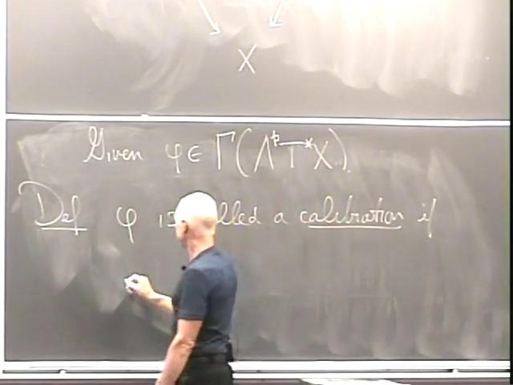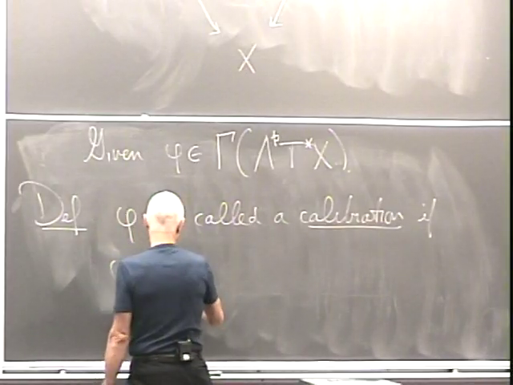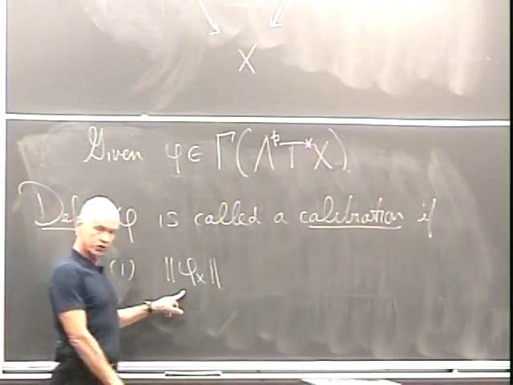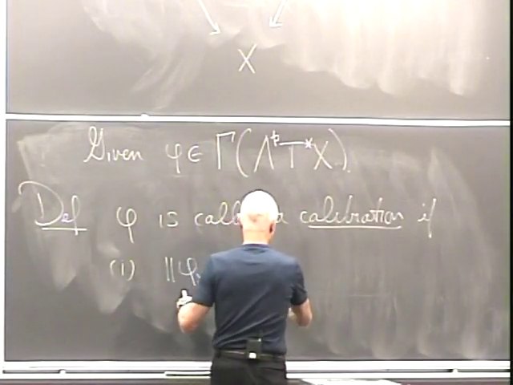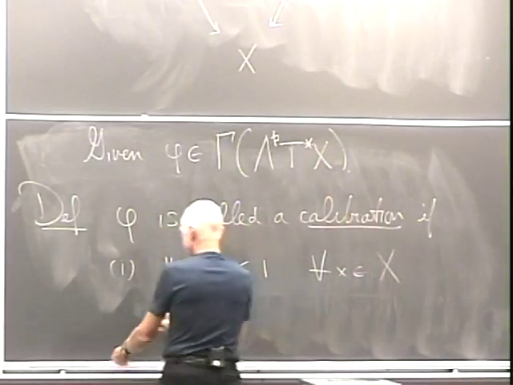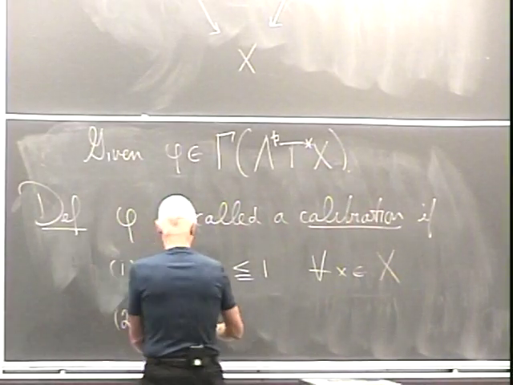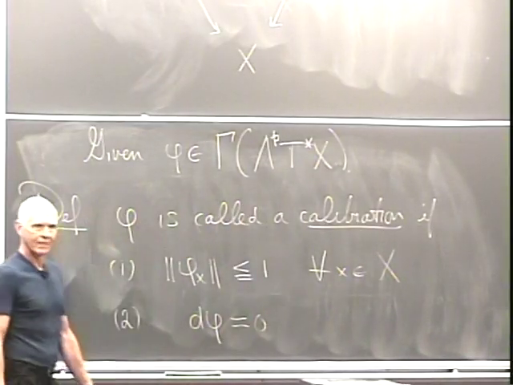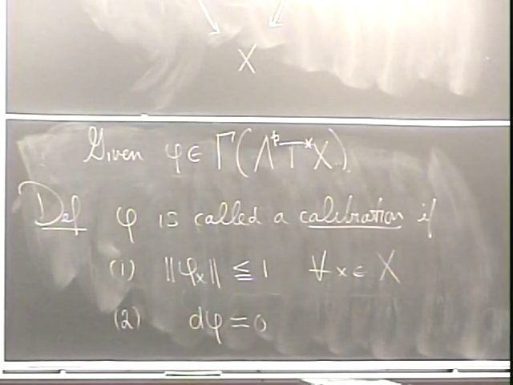It's called a calibration if two things hold. First of all, at every point, the comass norm should be less than or equal to 1. And secondly, this form should be closed. Okay? Very simple.